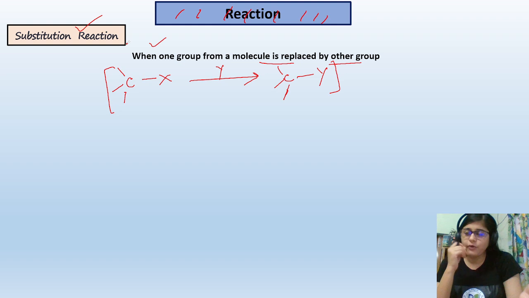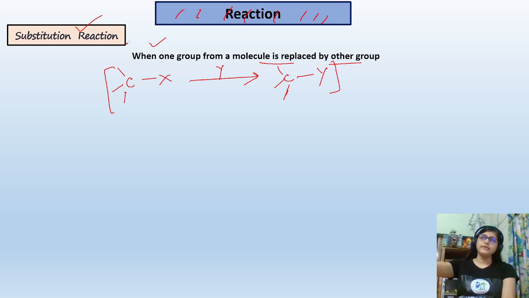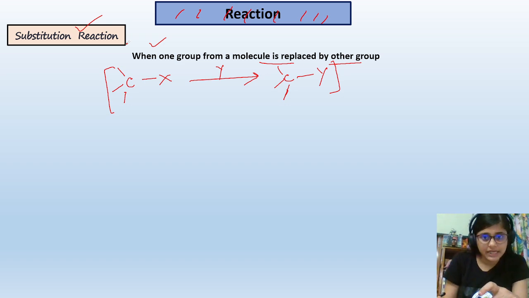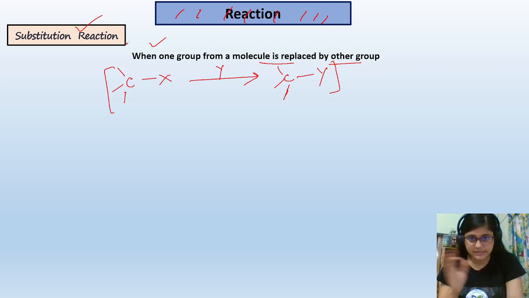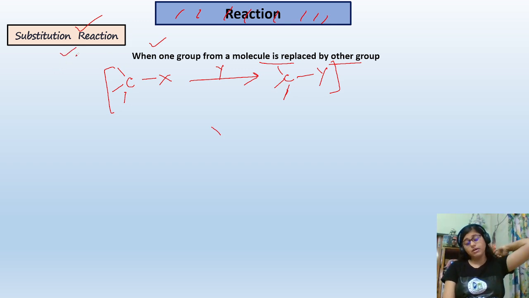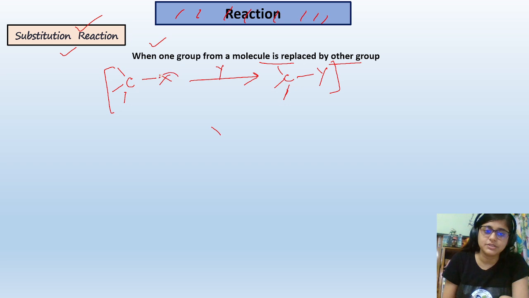So what does the coach do? The coach will find another boy who can play in a better way. He will find a replacement, and the sick boy is replaced. That is how substitution works. The new boy is the substitute of the sick boy. So here Y is substituted for X.